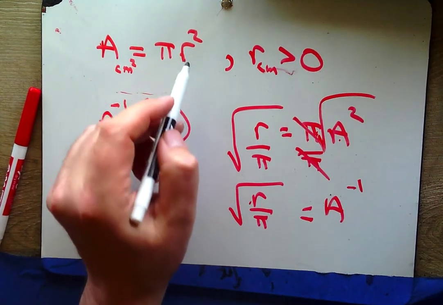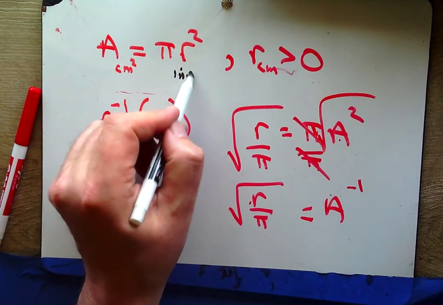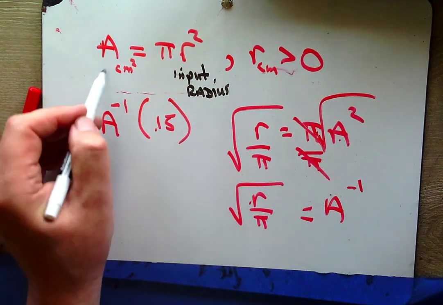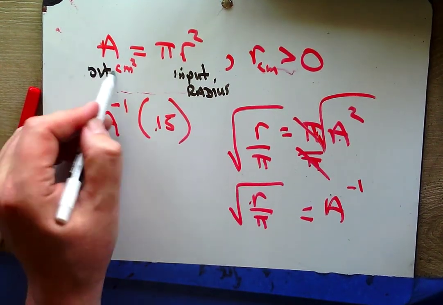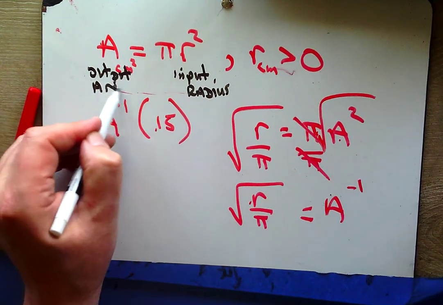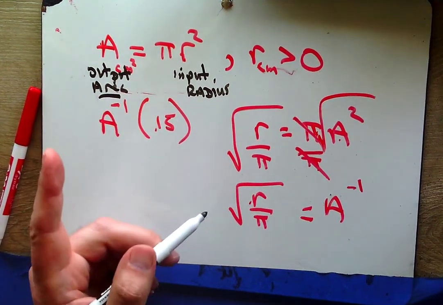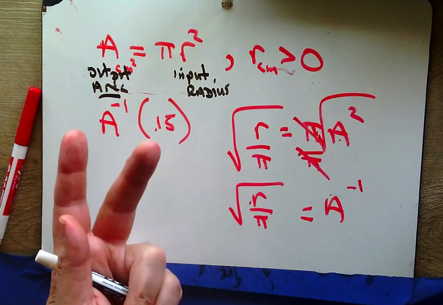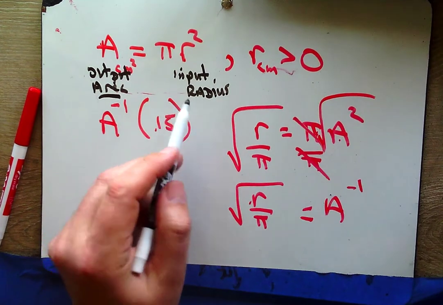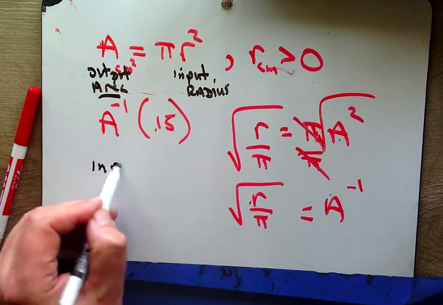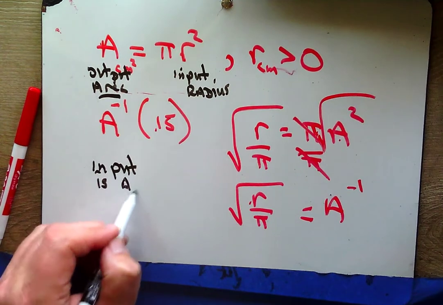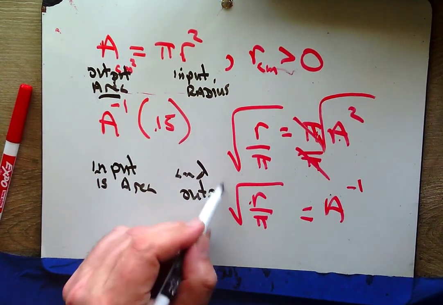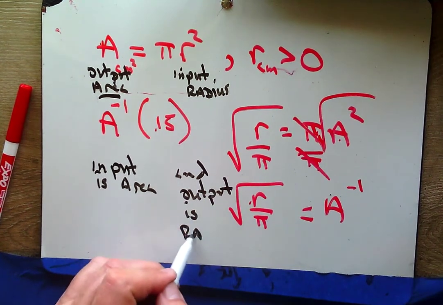My input on the original function was radius. And the output is area. Now, what happens when we make an inverse? Now, the input is area, and the output is radius.